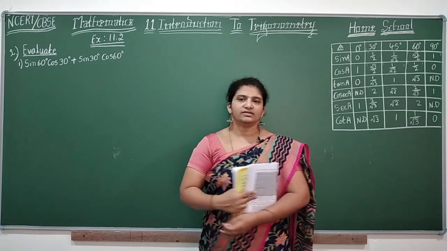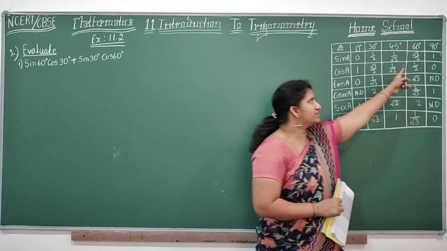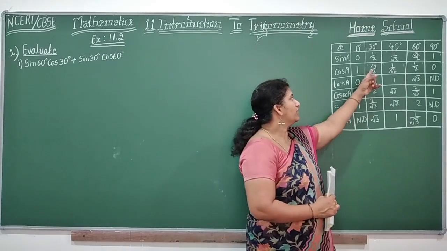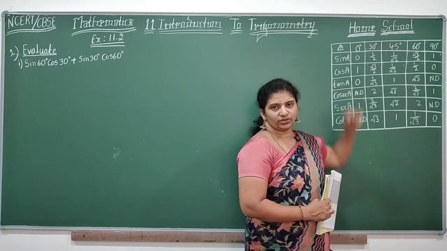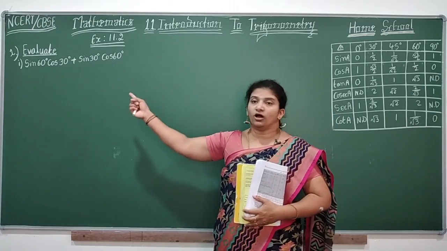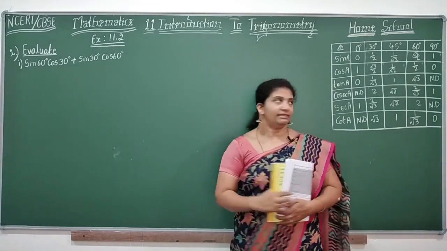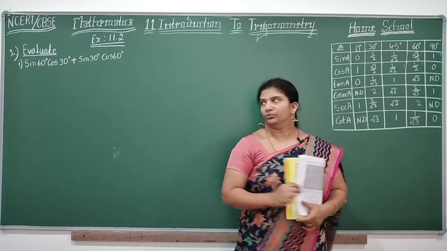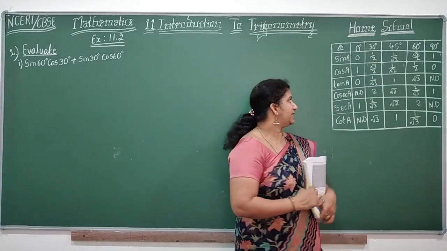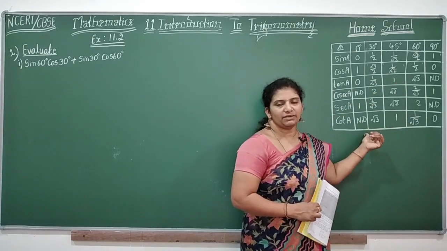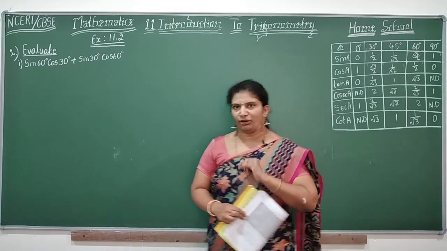Sine 60 value is root 3 by 2. Cos 30 value is root 3 by 2. Whatever you need in your problem, you compare with your table. Sine 30 is 1 by 2. Cos 60, check it here, is 1 by 2. So by seeing this table, we have to complete the problem.